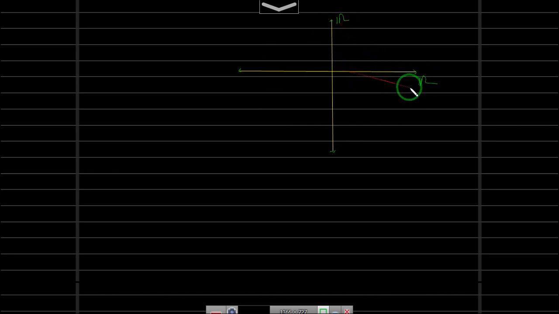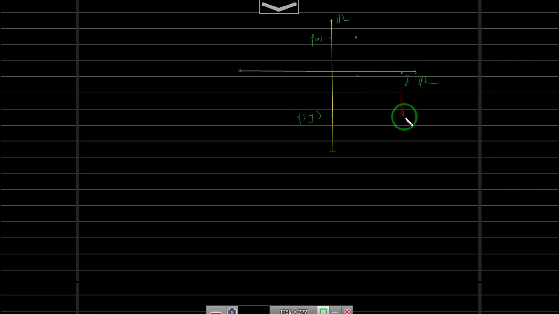Let us take a function from R to R. Now suppose we have some x such that f(x) is positive, and this is x, and this is f(x). We have another point, say y, and let us consider f(y) to be negative. This is f(y).